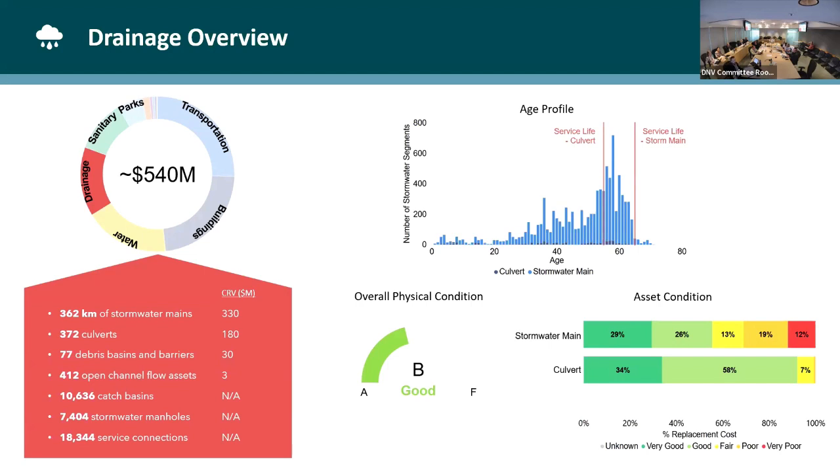We don't necessarily want to be over-investing. For example, we can't have every asset category in A. We would be over-investing in our infrastructure, and that would be kind of like gold plating, Cadillac. We do need to see some of our assets get towards the end of asset life, and naturally you'll start to see it get to the right side of that graphic. Do we want to give attention to the ones in red as quickly as possible? That's ideal.